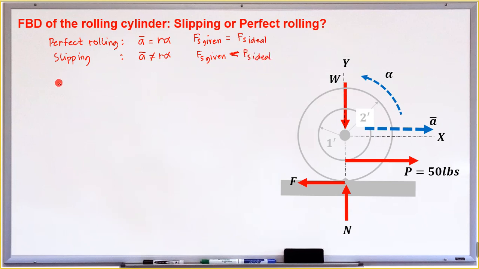Okay. Now for the given static friction, Fs given, that is equal to the coefficient of static friction times the normal force, no? Again, for this system, the normal force is just equal to the weight. So that is mu s times the weight. The given mu s is 0.2. So we have 0.2 times the weight, that is 128.8.